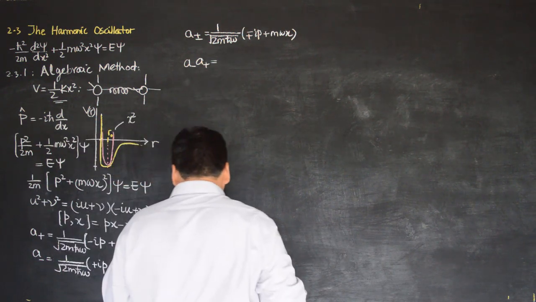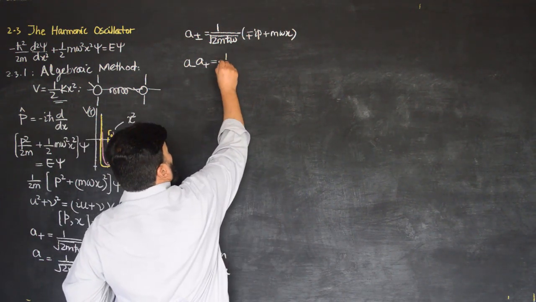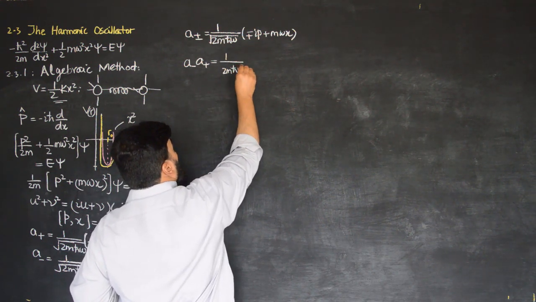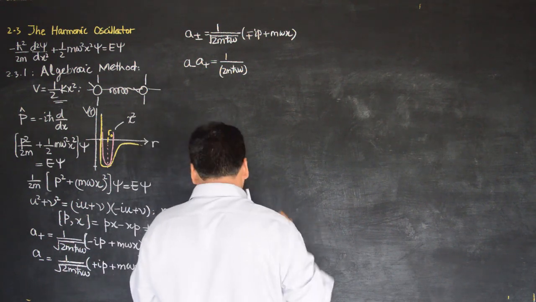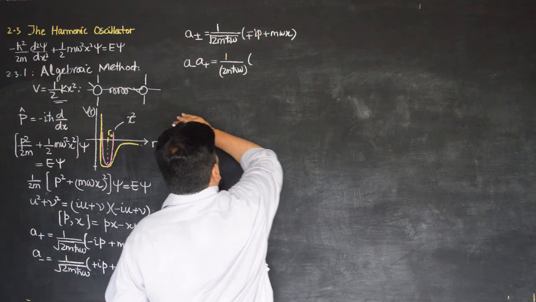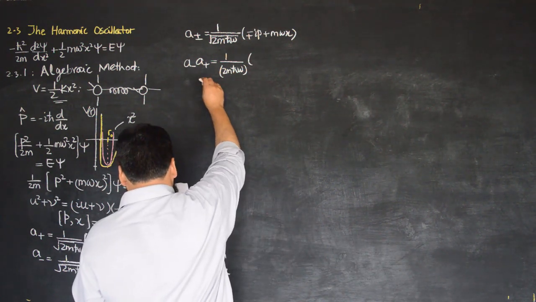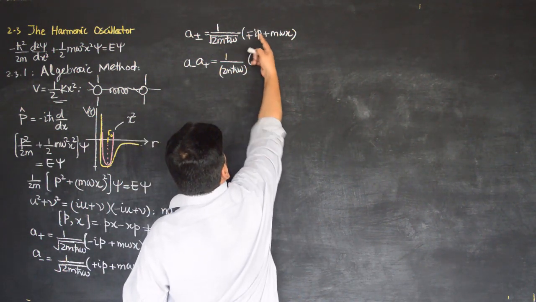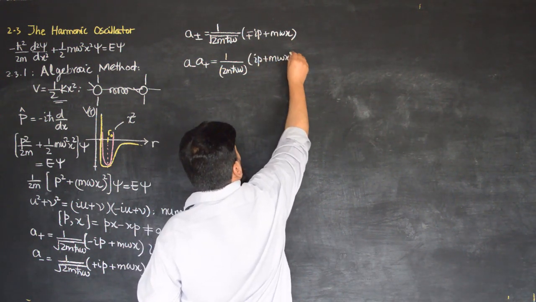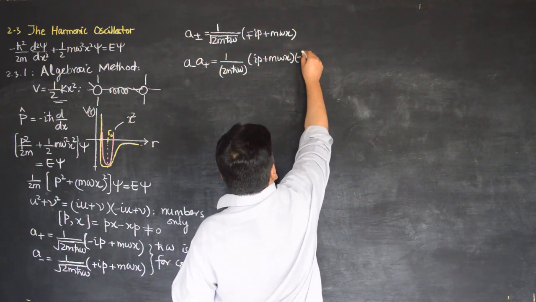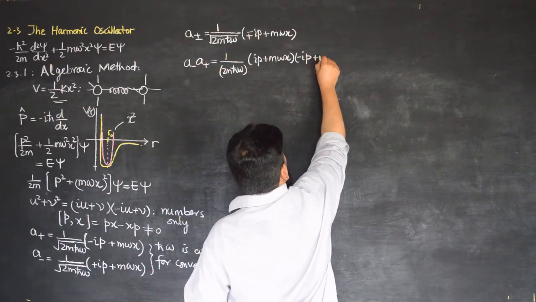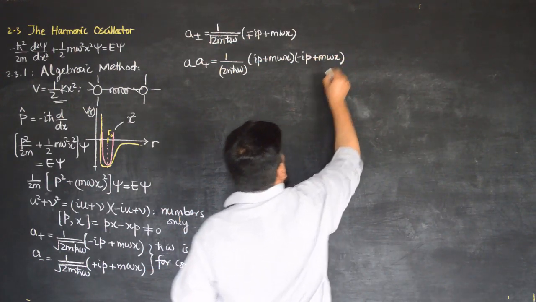When these two multiply, this square root will go, and we will have 1 over 2 h bar omega, and then for a minus we will have plus ip plus m omega x, and for the other we will have minus ip plus m omega x.